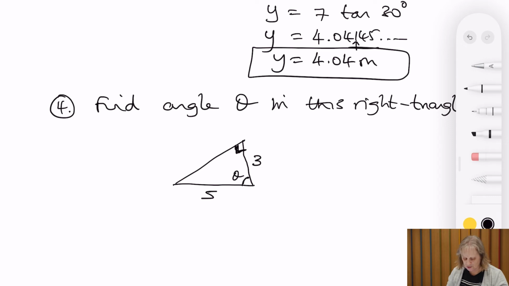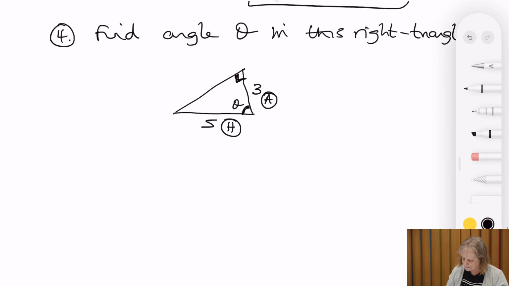So again, we want to label those correctly according to SOH-CAH-TOA, and the angle that we have, now we know that the side adjacent to that is the 3, next to, adjacent just means next to, and opposite the right angle is our hypotenuse. So we know that side is 5 here.